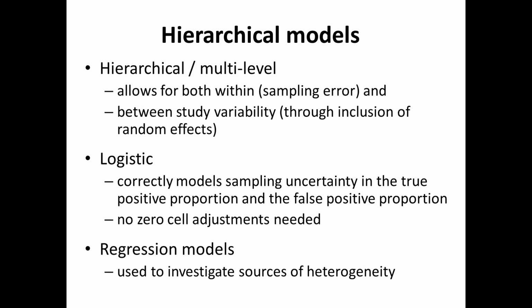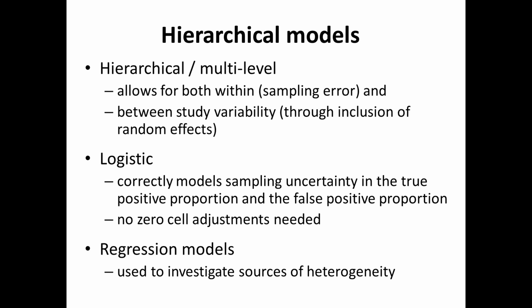And these models are regression models, so they are flexible. We can easily extend them, add covariates into the model to do meta-regression for investigation of sources of heterogeneity. And also we can use those models to compare tests. Because it's a regression model, we can introduce a covariate to investigate heterogeneity, for example, if we were looking at comparing accuracy of tests to identify what could possibly explain why the results differ.